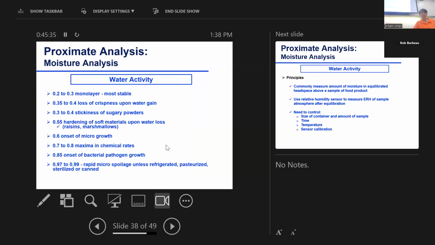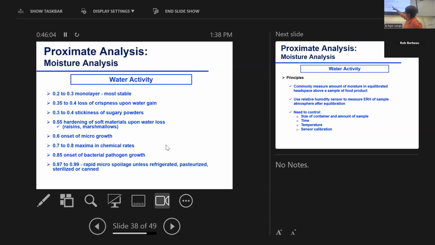So mostly food products have monolayer between 0.2 to 0.3, and that's where it's most stable. Above that, if you have potato chips, you lose crispiness. And some sugary powders become sticky. Or other powders like baby formulas, they cake.